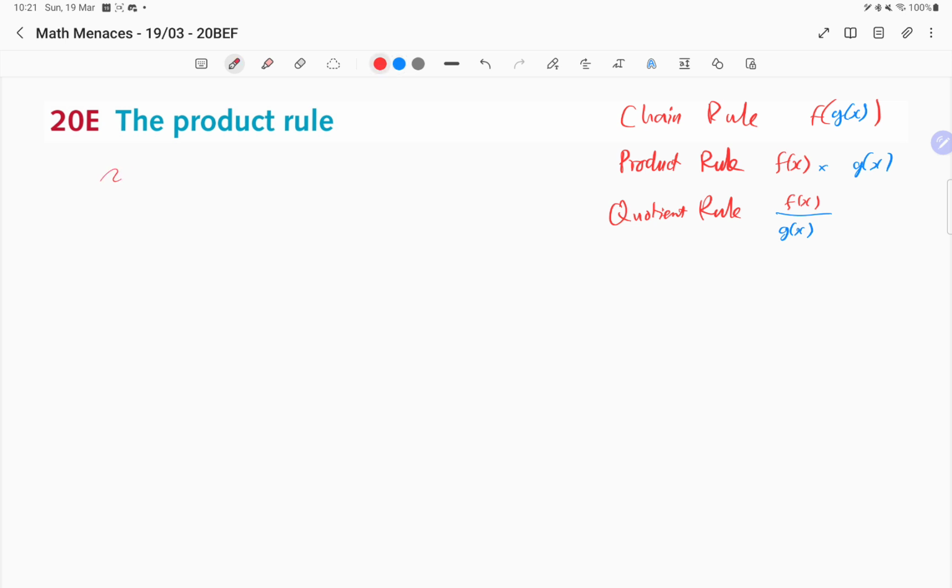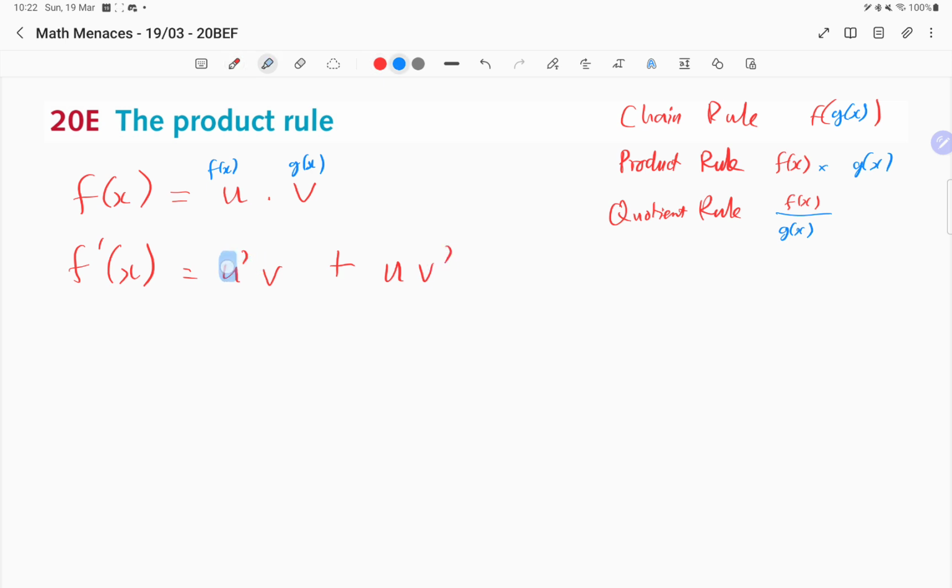Now, the product rule, let's just say if you have fx equals to, instead of writing it as function of some function, right? There is an easier way to write it as u times v. Okay? Where u is a function of fx, and v is another function gx. Okay? So then, what's the derivative? If fx is u times v, the derivative is going to be u dash v, and then plus u v dash.